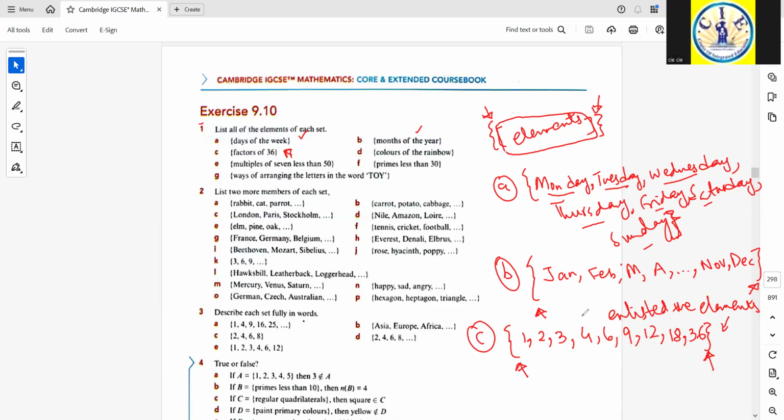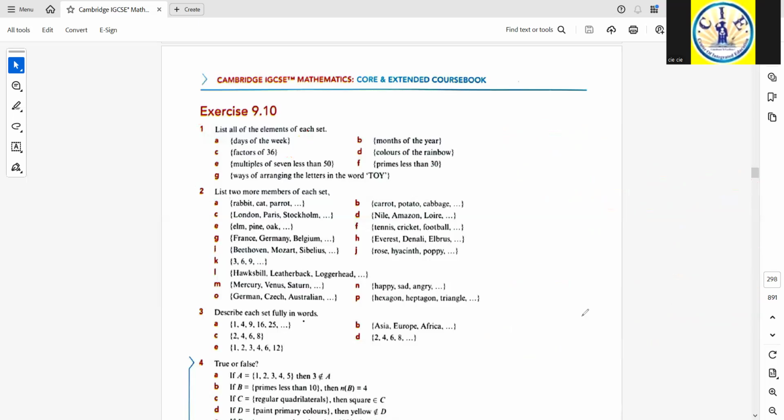Okay, then part D. Since we know that colors of the rainbow are red, orange, yellow, green, blue, indigo, and violet, these would be the constituent elements of this set.